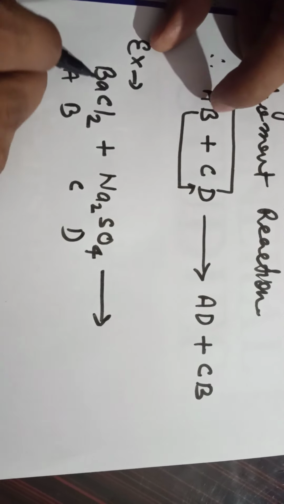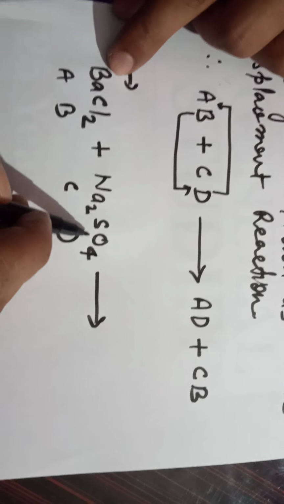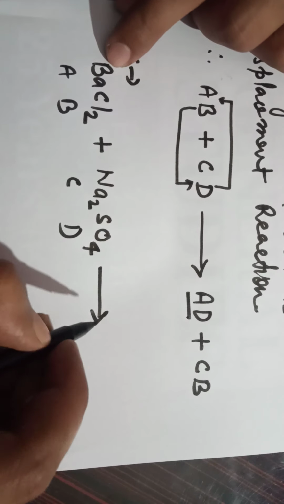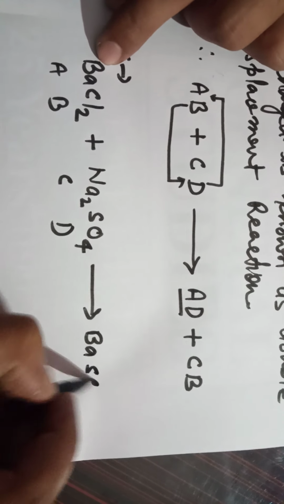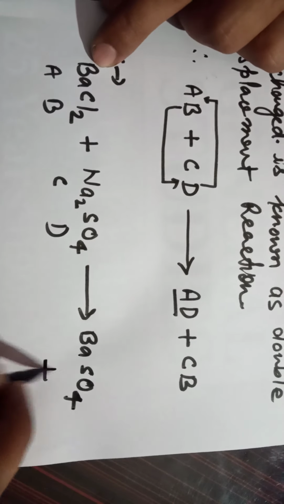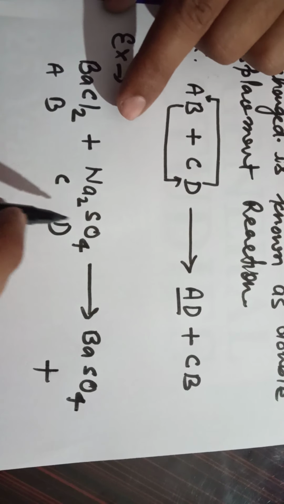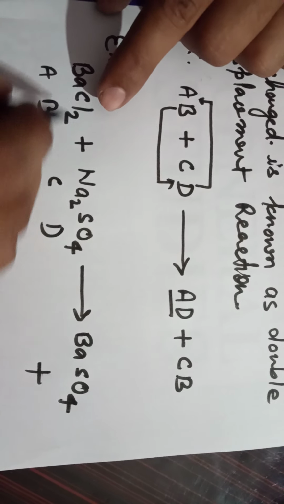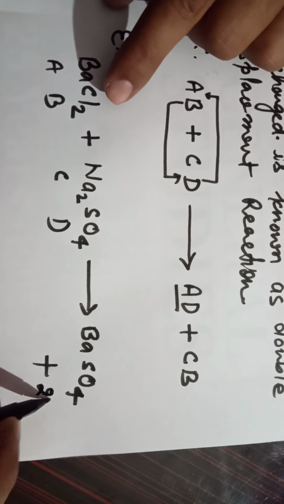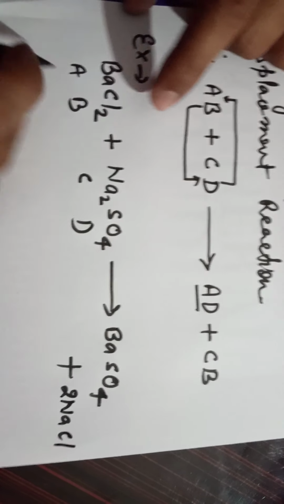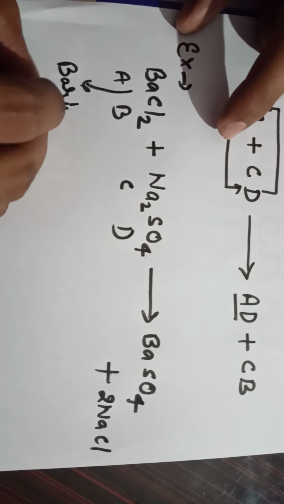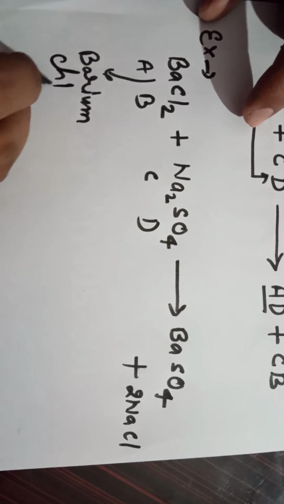So AD will be BaSO4, plus CB, which is this and that. Here this is Na2 and this is Cl2, so I'll get 2NaCl.